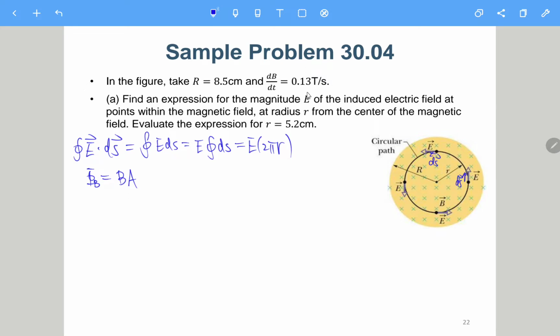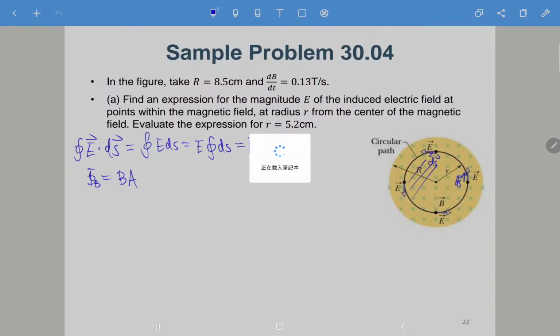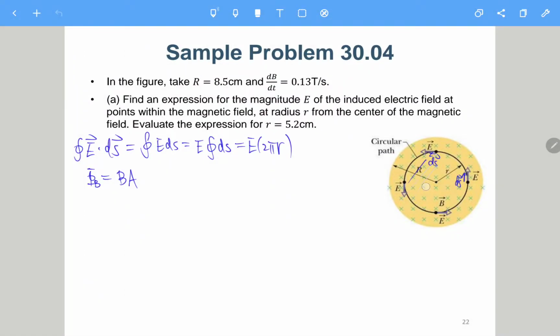So it is nothing but B times A. The area here is nothing but pi r squared. So B times pi r squared.